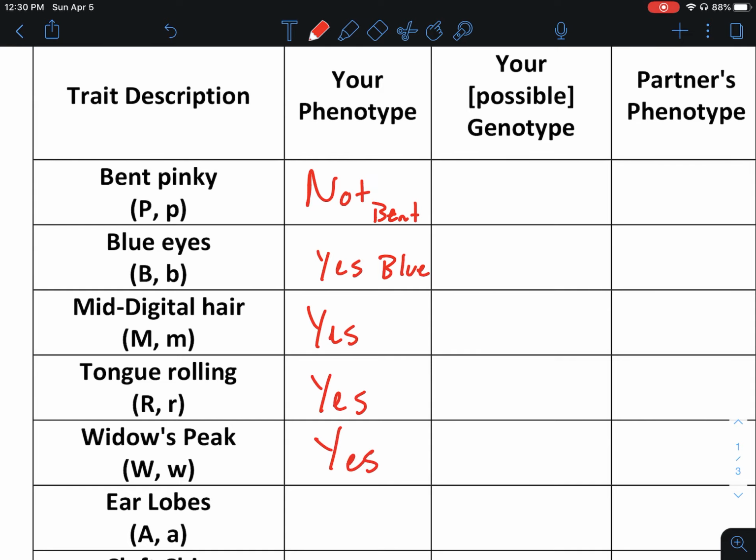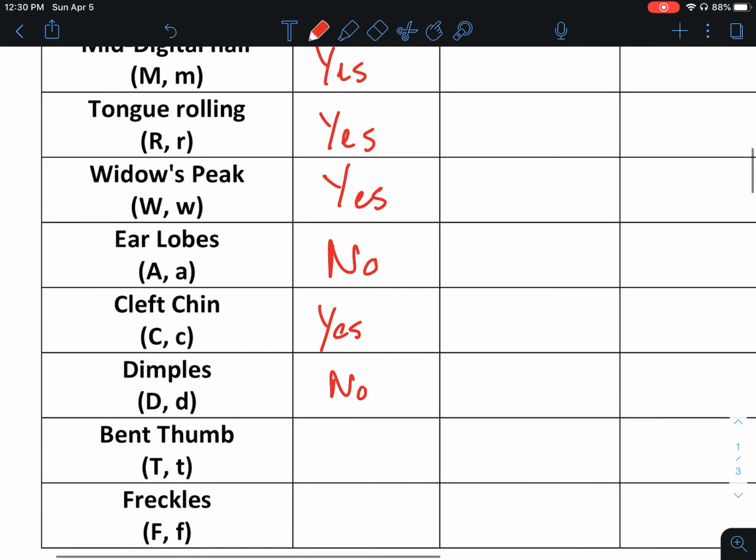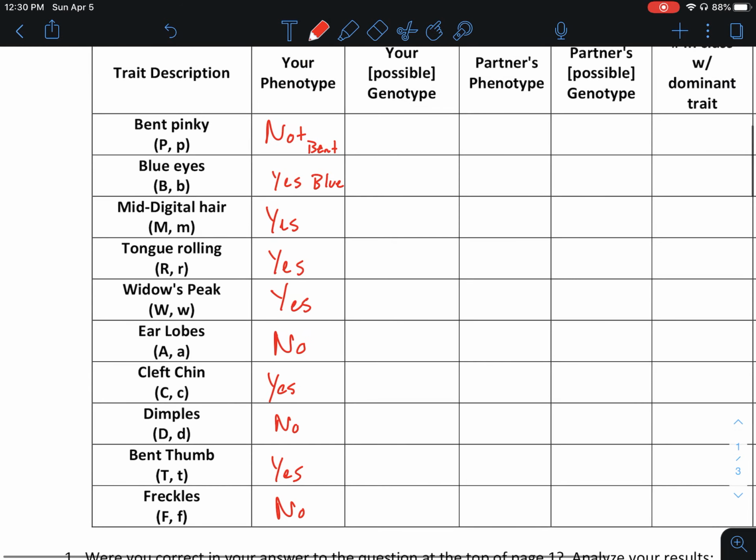I do have a widow's peak, actually. Attached earlobes is a no. Cleft chin, yes. Dimples, no. Bent thumb, yes. Freckles, no. So that is my look.